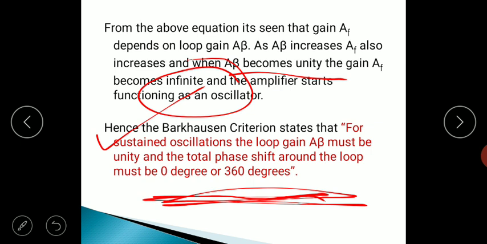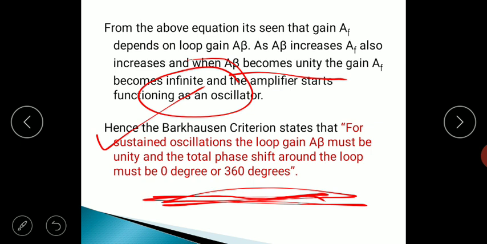That means the bottom line here is always that the input signal and feedback signal should be in phase, and that is possible only when there is positive feedback, and positive feedback is ensured when the phase difference along the loop becomes 0 degree or 360 degree.